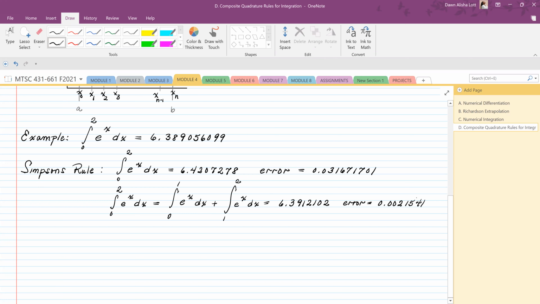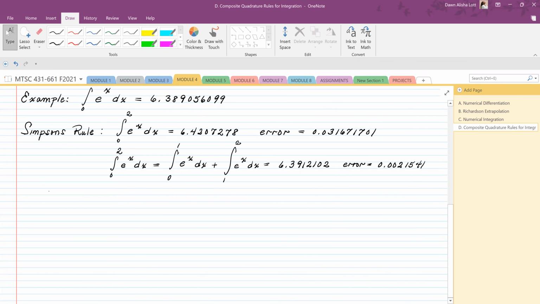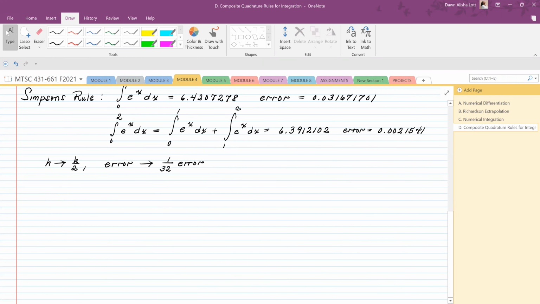Okay, so just by splitting it up, my h went from h to h over 2, and my error went from error to 1 over 32 times the error. So just by dividing it into two intervals, I was able to reduce my error by 1 over 32. Okay, so let's talk about the composite Simpson rule.